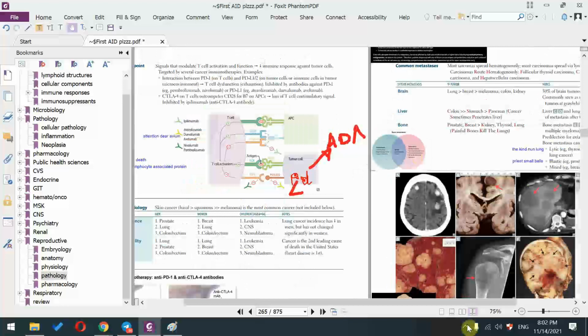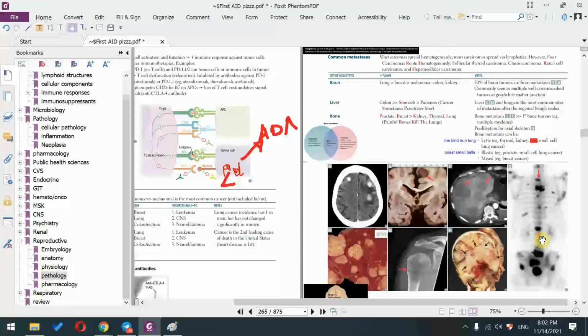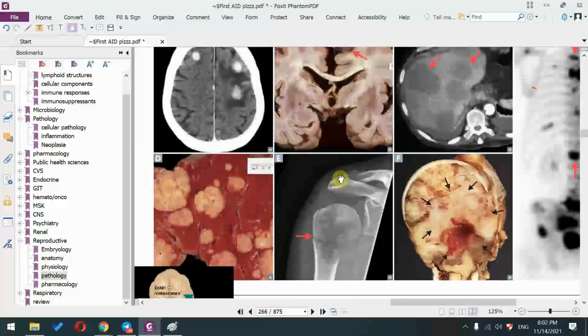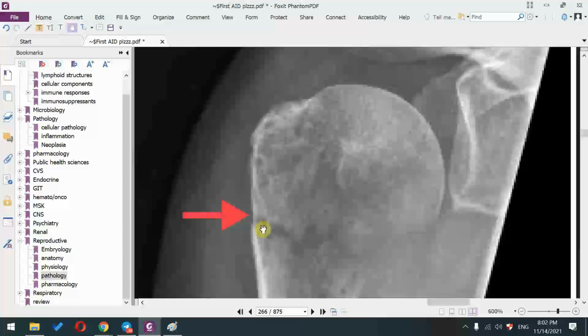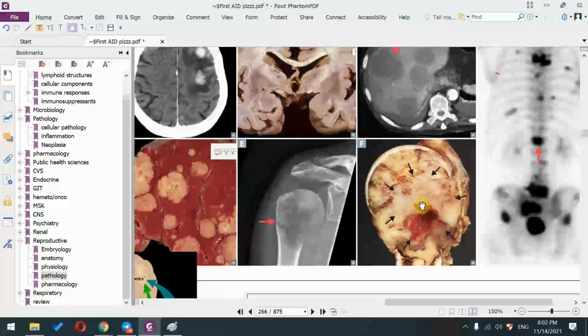And yeah, the multiple myeloma, we just know it. Okay, let's take a look at bone metastasis in different organs. Also, you can appreciate here the osteolytic lesion. And finally, you can see here this mass, an osteoblastic lesion forming inside of the humerus.